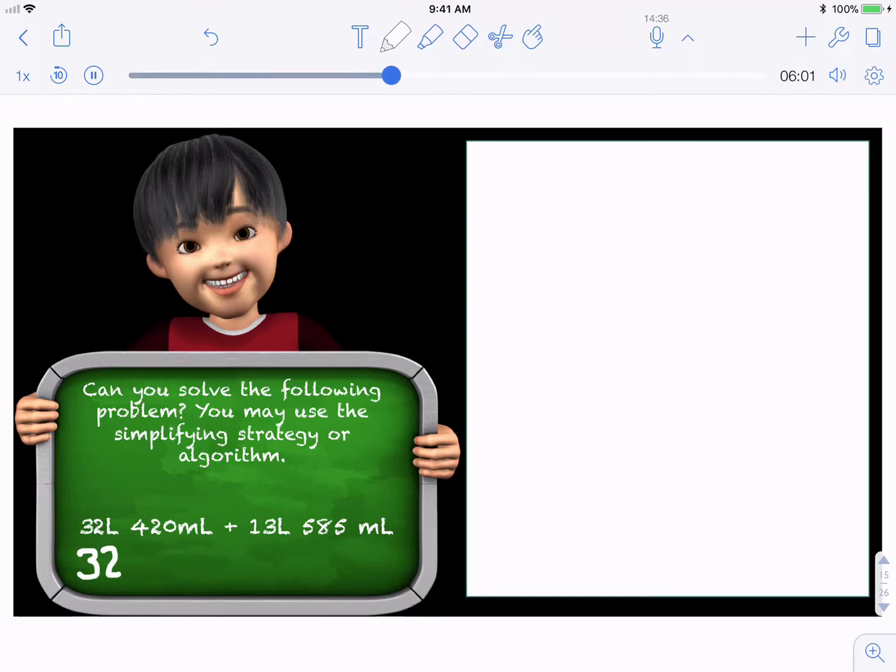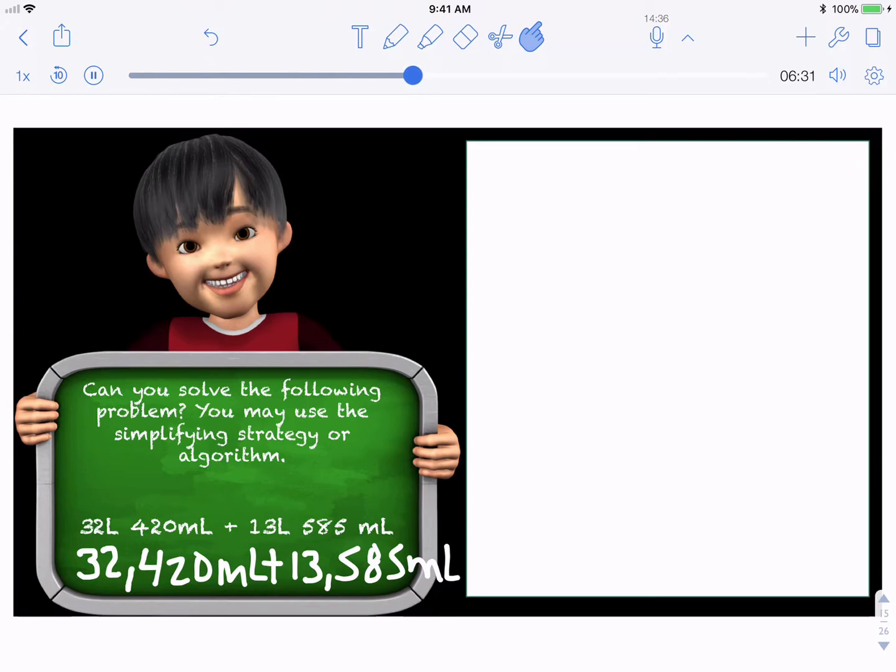That will help you because you'll either say 32 liters, 420 milliliters plus 13 liters, 585 milliliters, or you'll solve it by saying 32,420 milliliters plus 13,585 milliliters. Solve it the way you choose, whichever way is easiest for you. Okay, so go ahead and pause it. Once you're done, we will continue.